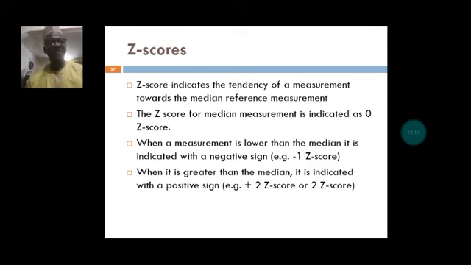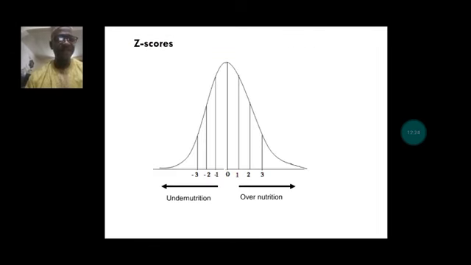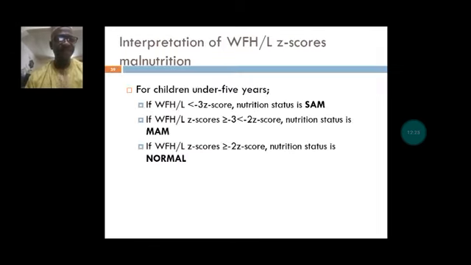Z-score can also be used to assess undernutrition. This is the Z-score. It is from 0 to 3 and minus 0 to minus 3. For children under the age of 5, if WFH Z-score is less than minus 3, the nutrition status is severe acute malnutrition.